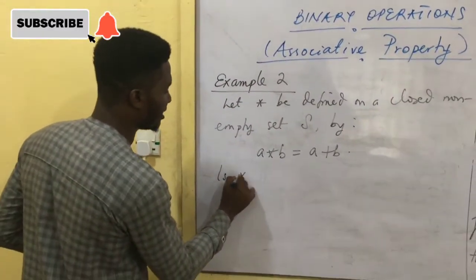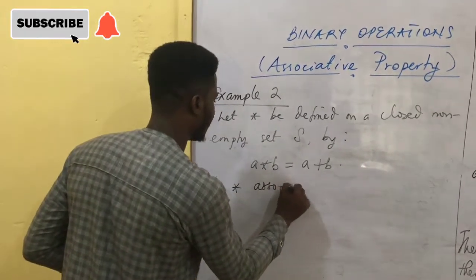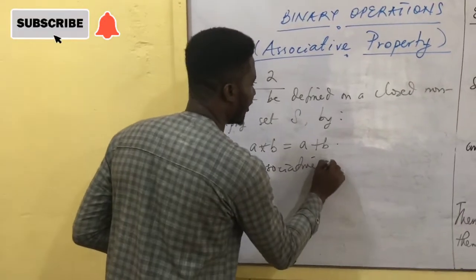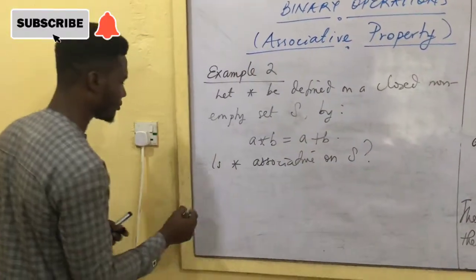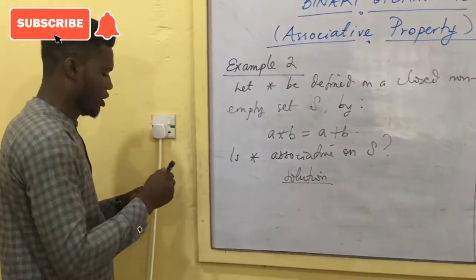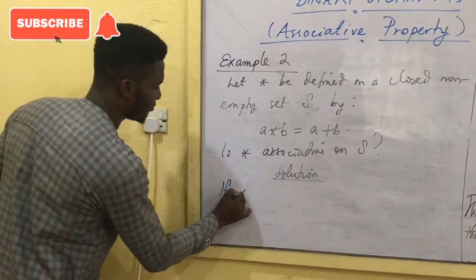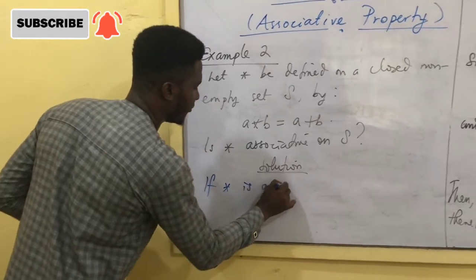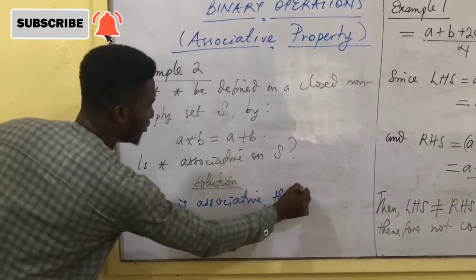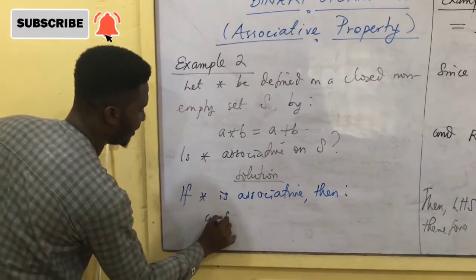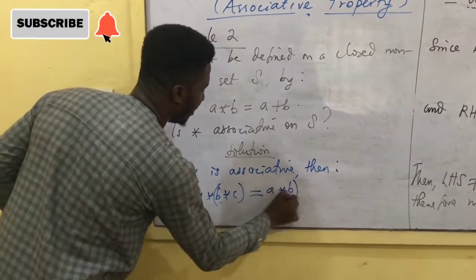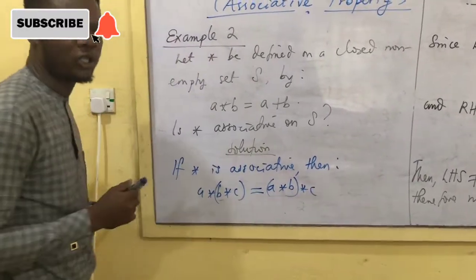Is asterisk associative? Okay? Is asterisk associative on S? Now, solution becomes this. If asterisk is associative, then recall A asterisk (B asterisk C) must be equal to (A asterisk B) asterisk C. Now, what is the routine?